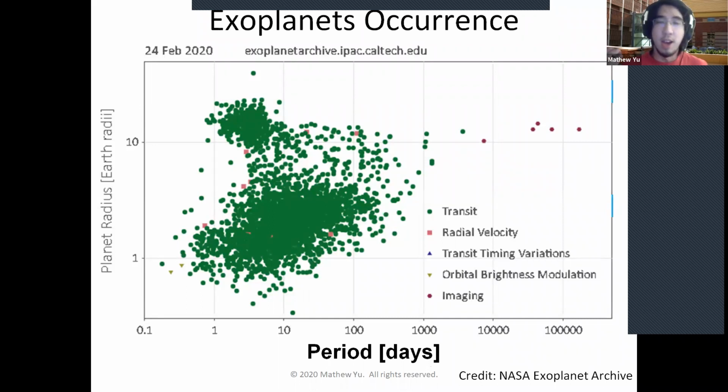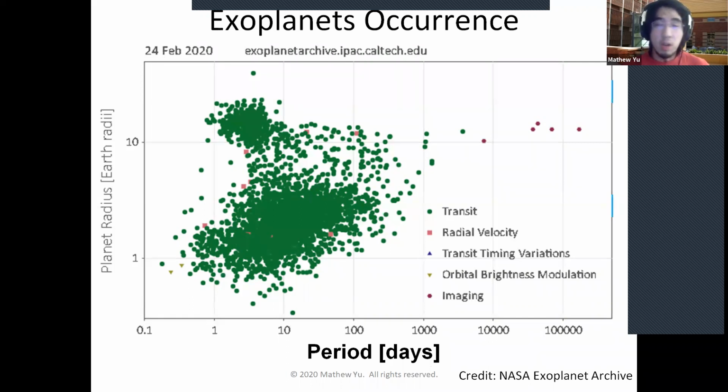Because Kepler has done most of the work, most of these planets are actually around Sun-like stars. So for the rest of the talk, we will be considering planets around Sun-like stars. Whenever you see the orbital axis, those are calculated based on a solar mass host star.